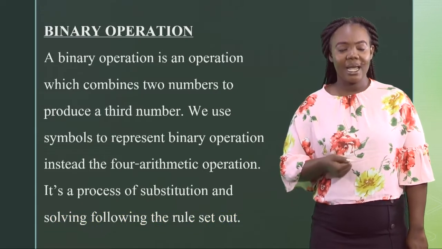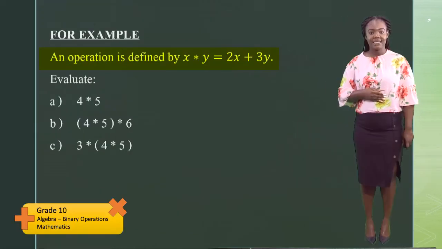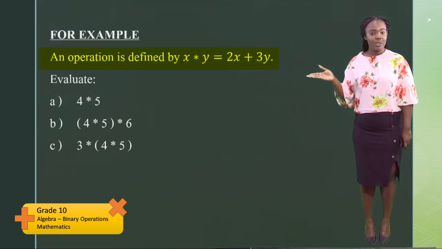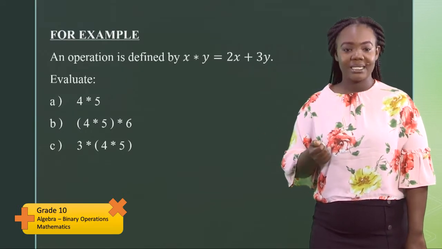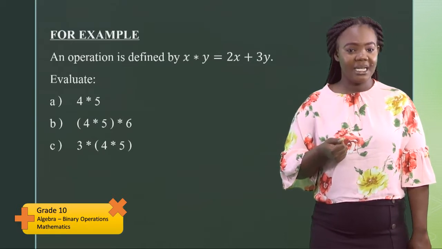Now, what exactly am I talking about? Let's take a look at this example. It says an operation is defined by x star y, and that is equal to 2x plus 3y. Before we look at what they're asking us to evaluate, let's investigate the information that is here.